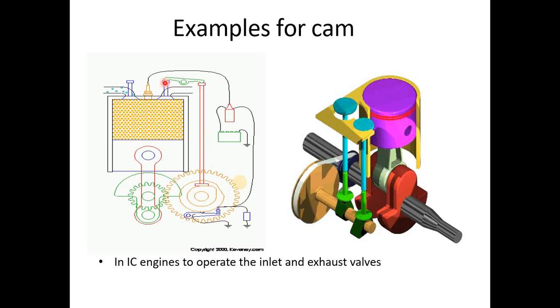It will operate as per the requirement of inlet for the completion of the combustion and exhaust stroke, or what we call the suction and exhaust stroke. To operate this at a particular interval of time, you must operate the cam and follower. These are connected in conjunction with this particular gear, and as per the rotation of the camshaft, it will operate the inlet and exhaust valves in the IC engine.